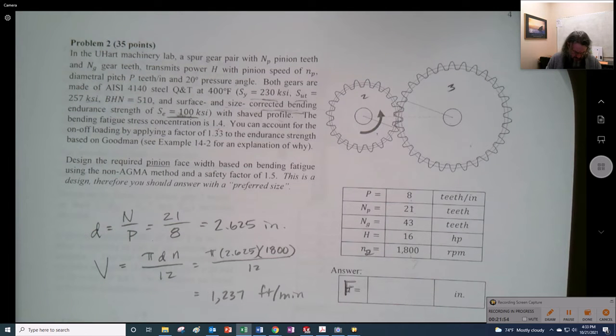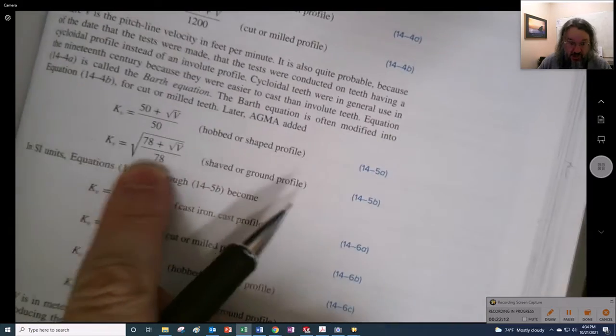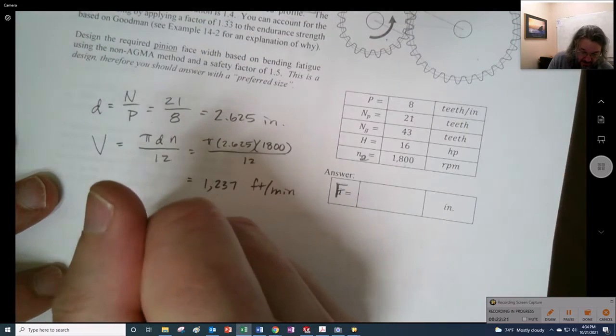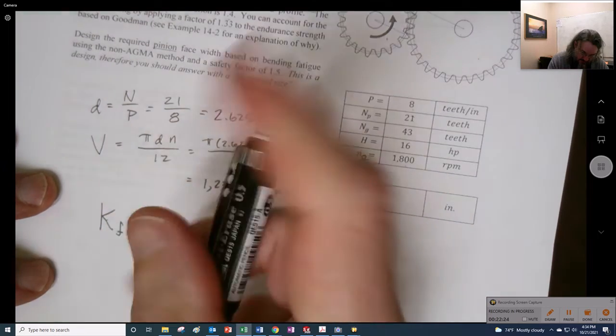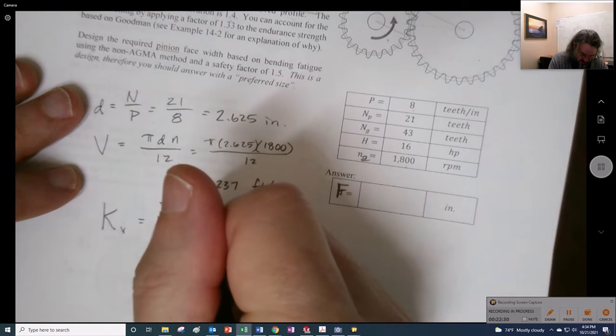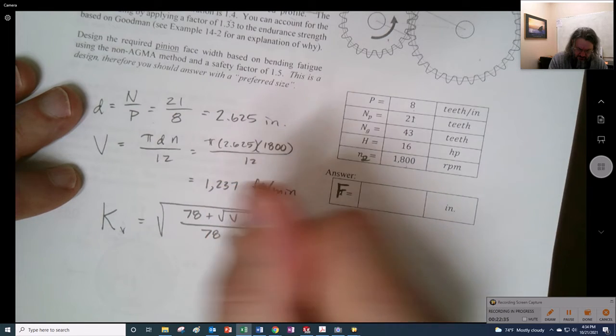Might be good now to get the dynamic factor. We said the thing was a shaved profile. So in chapter 14, that gives us a dynamic factor using this equation right here for the shaved profile, square root of 78 plus square root of V over 78. So KV is going to be the square root of 78 plus square root of V over 78.